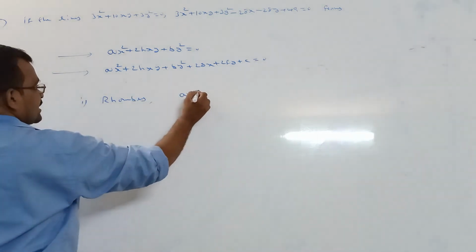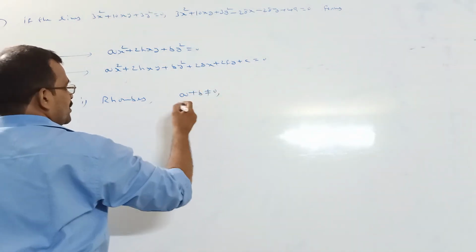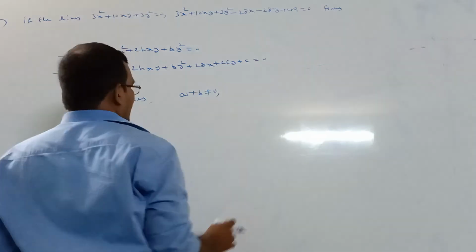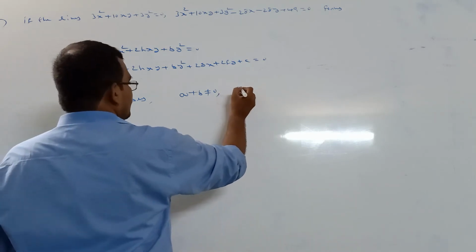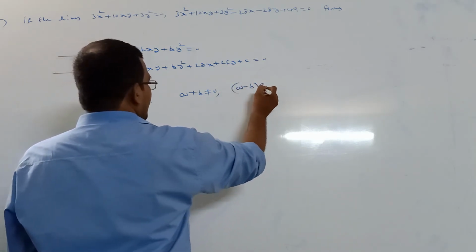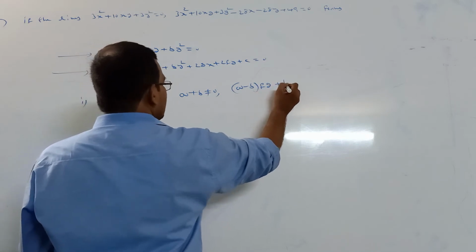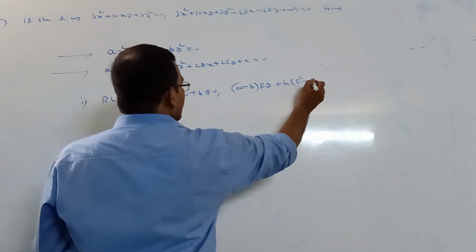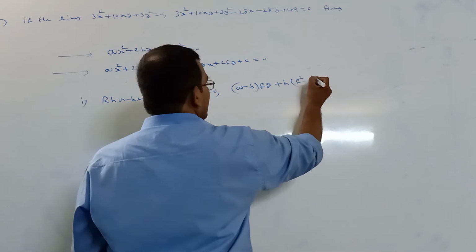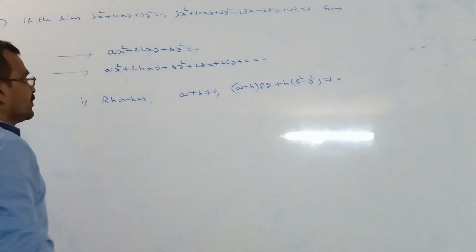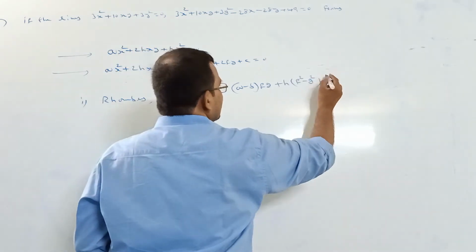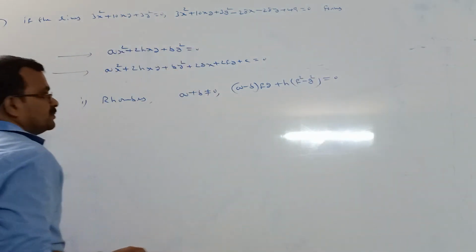Your condition is a + b not equal to 0, and (a − b)fg + h(f² − g²) equals 0 for a rhombus.